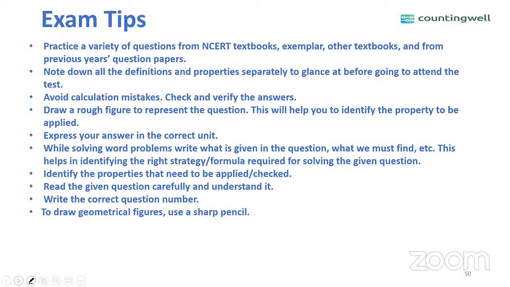So you have to take care while writing the question number. And also when you are drawing geometrical figures, make sure you have a sharp pencil and just keep 2 to 3 pencils with you.